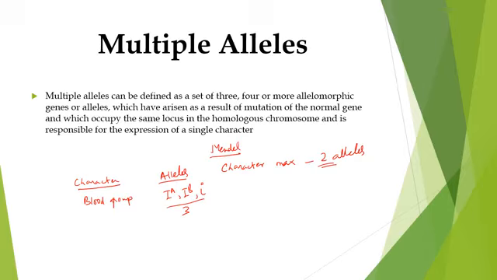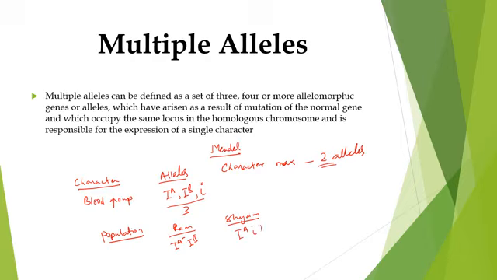But one thing you have to remember is that when we talk about multiple alleles, we are not considering an individual. We are considering a population. Suppose a person, Ram, has blood group IA, IB. That means only two alleles are present. And say Shyam has IA, small i.